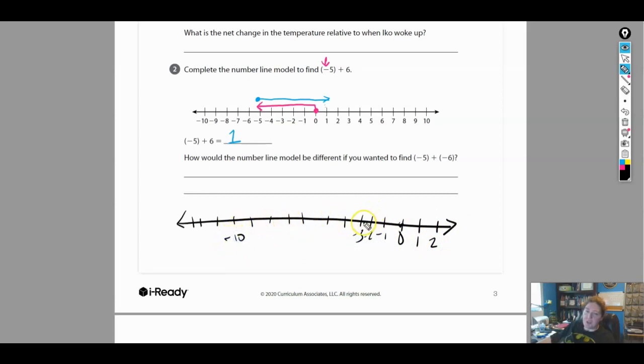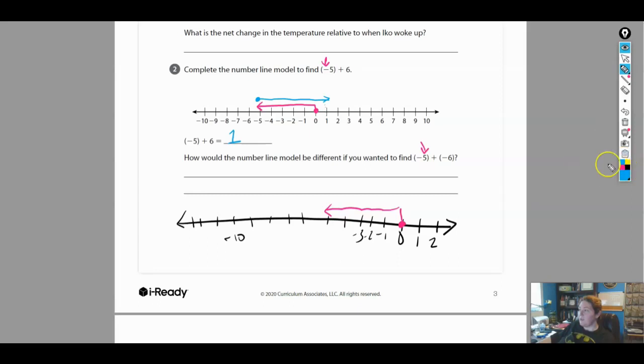Alright, I just skip counted a bit because I want to make it quick. Alright, what do I do? Where do I start? I always start at 0. My first number is a -5. So I'm going to start here and go over negative 5 spaces. 1, 2, 3, 4, 5.